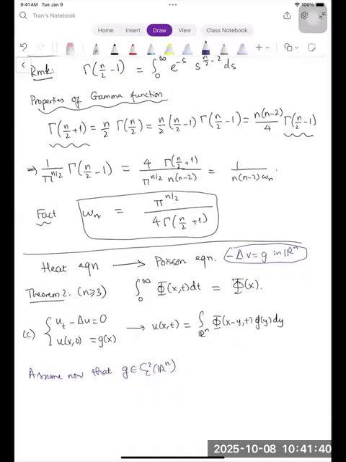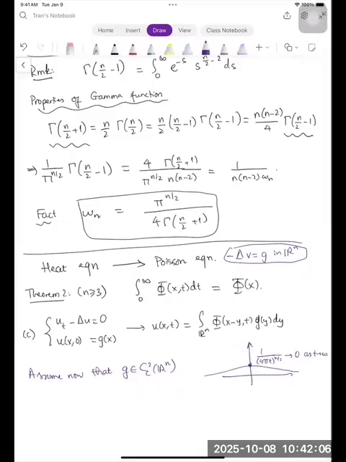And because g is like that, we already said that for the heat kernel, as t goes to infinity, the heat kernel goes to zero, because the maximum value of the heat kernel is 1 over 4 pi t to the power n over 2. This goes to zero as t goes to infinity.